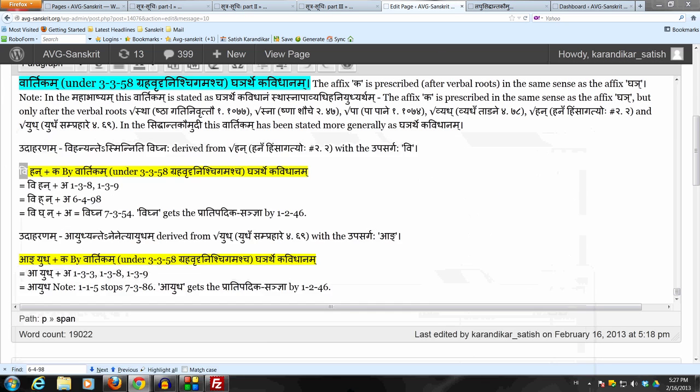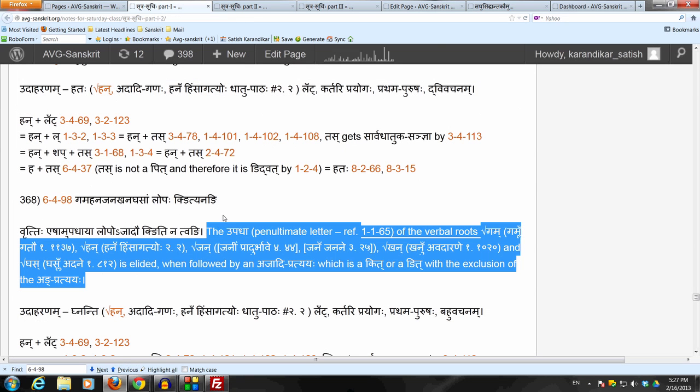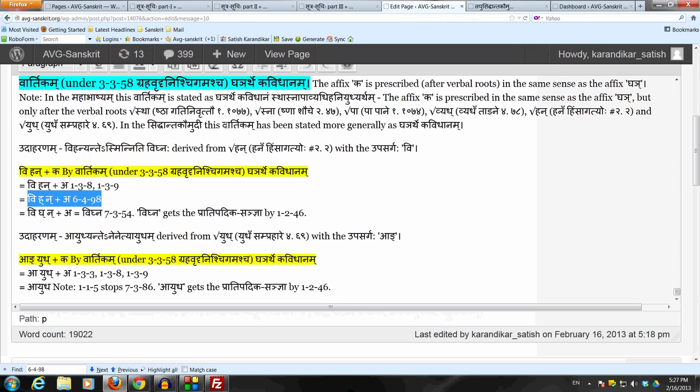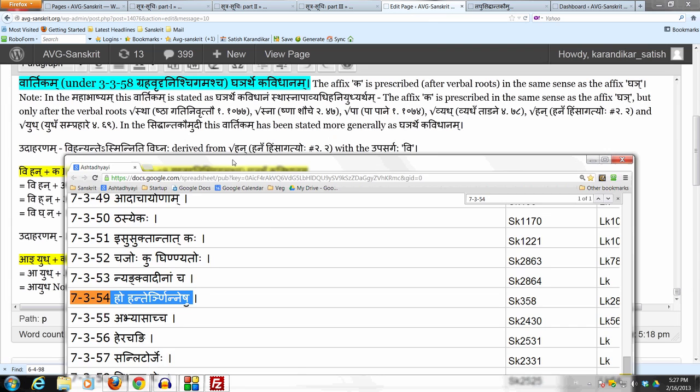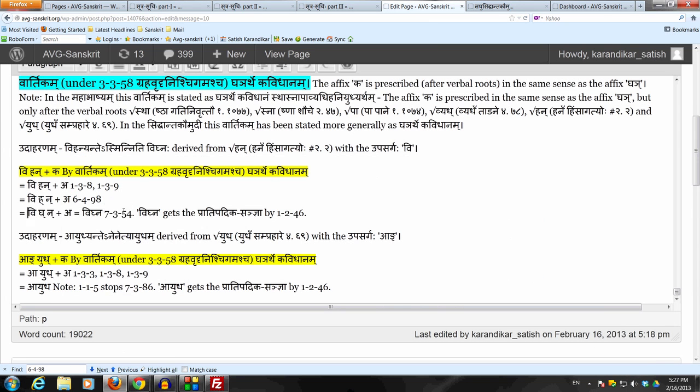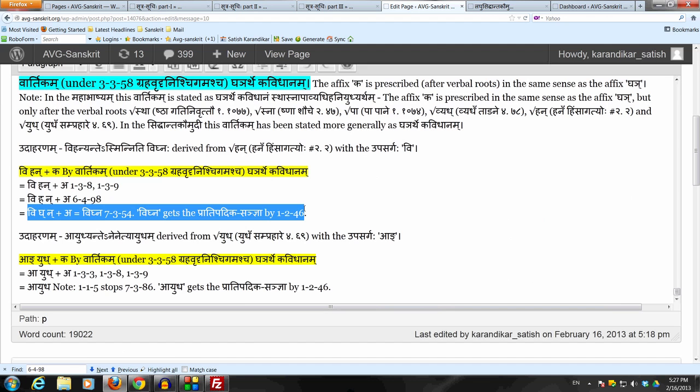Remove the it letter Kakara by Lashakvatadite Tasya Lopaha, so we get Vi Han, and now we use 6498, which is Gama, Hana, Jana, Khana, Ghasam, Lopaha, Kinityanangi, to do the Akara Lopaha, Upadha Akara Lopaha, and we get Vi, H, N, and then finally we apply 7354 Hohantir Neshu, and we put the Kavarga Ghakara Deshaha in place of the Hakara and get Vighna. We get the Pratipadika Sanya by Krit Samasascha. So without this Vartikam, we would not be able to get this form. We would have to use the affix Ghai, which would not give us the correct form.